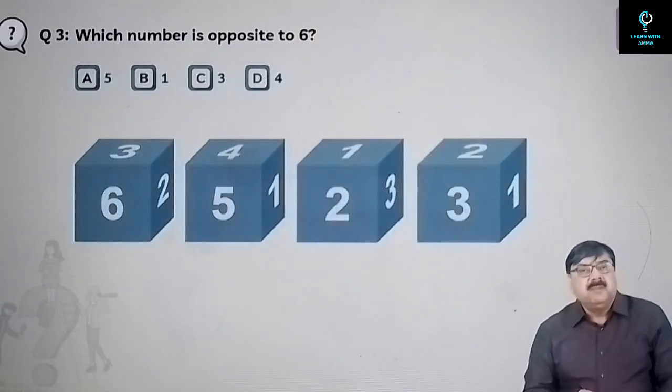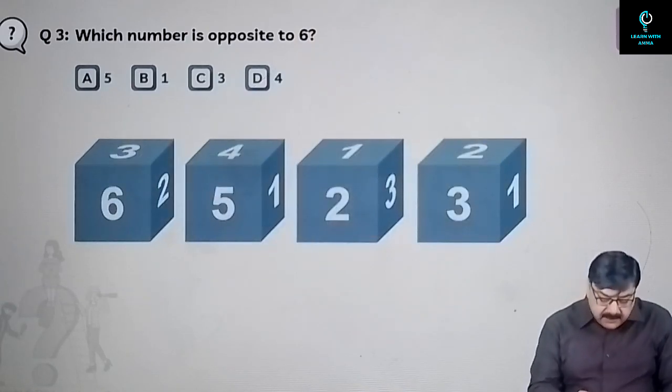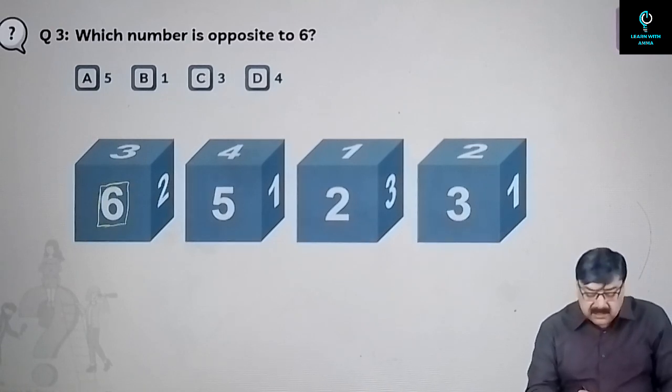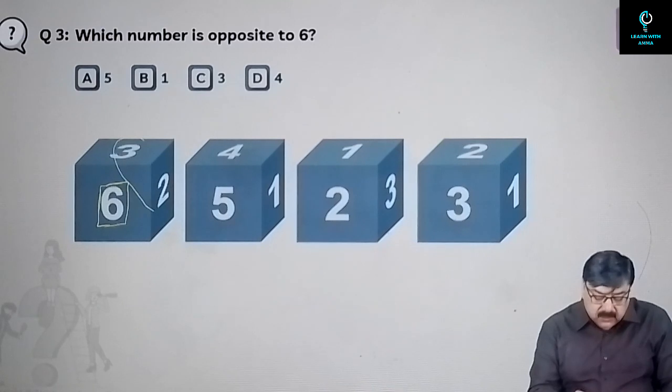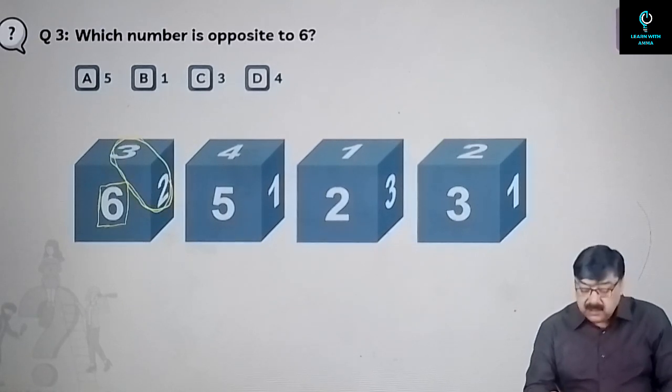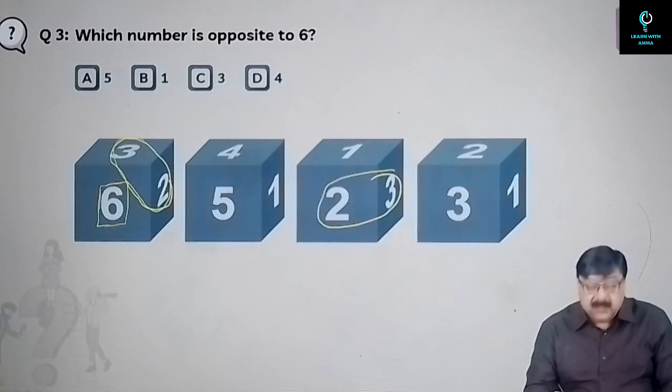Now, which number is opposite to 6? 6 is present here in this diagram. So we will choose this diagram. Now 6 is given along with 3 and 2. Is there any other diagram which has both 3 and 2? Yes, this is a diagram which has both 3 and 2. This is another diagram which has both 3 and 2.